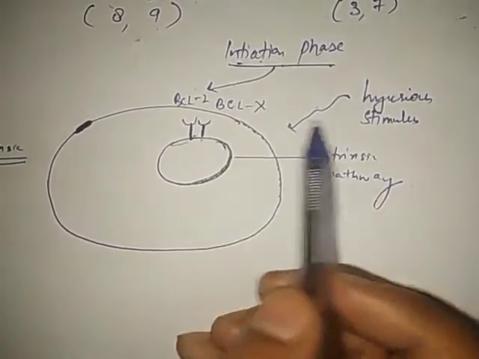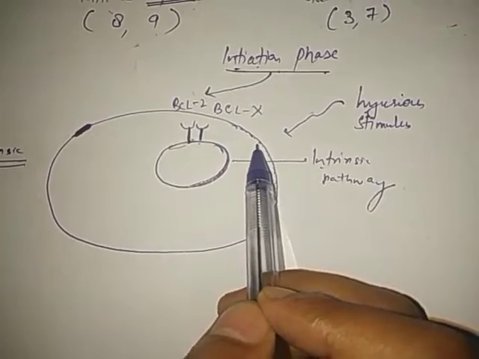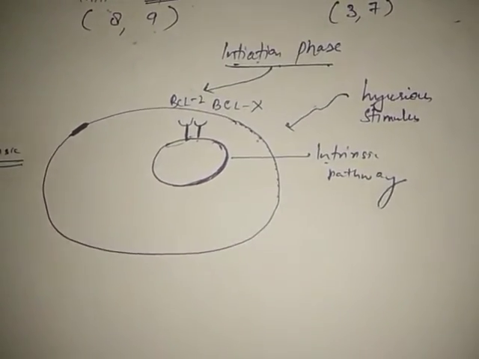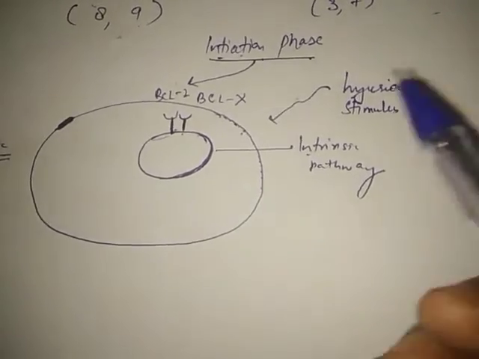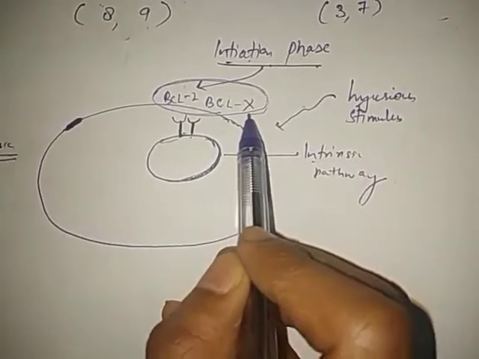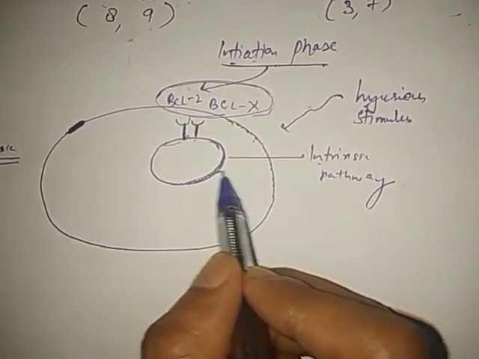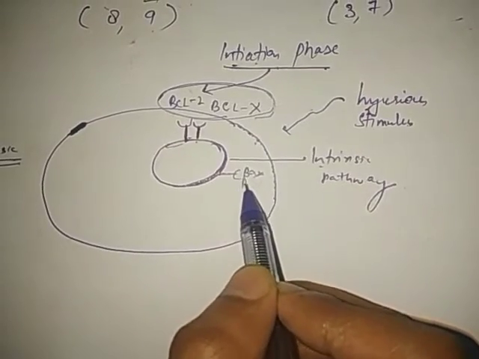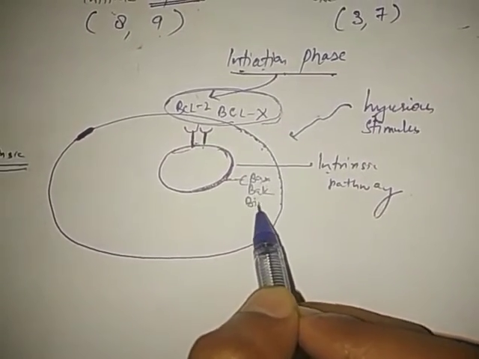whenever there is an injurious stimulus to the cells, or when the cell is no longer needed by the body, or when the cell is harmful for the body, these anti-apoptotic proteins are replaced by the pro-apoptotic proteins, which are BAX, BIM, BAK.